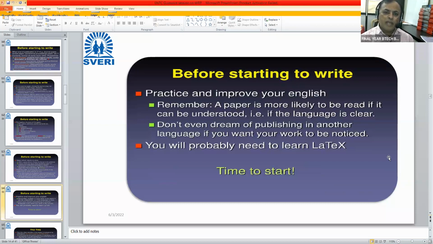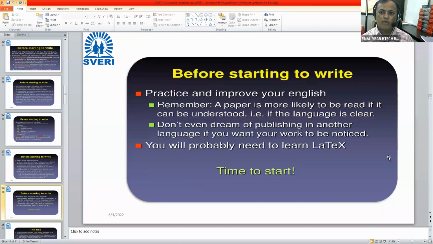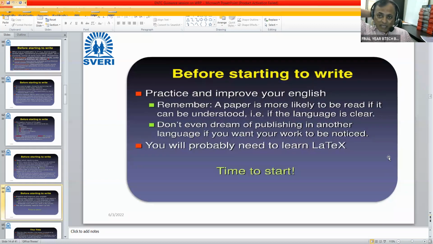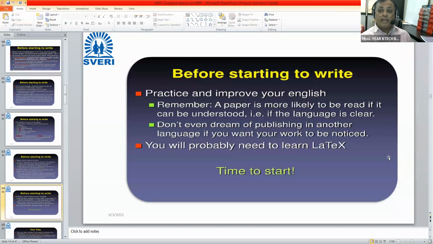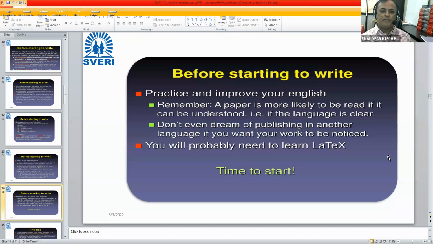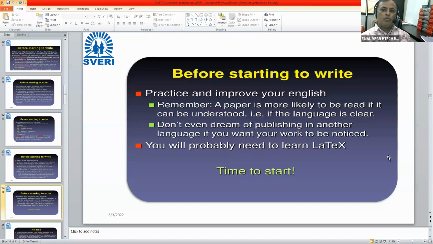The paper can be written in two formats. One is MS Word format, and the other one is LaTeX. Nowadays LaTeX is in great craze, because LaTeX gives a very perfect pattern of writing the paper. You can download the LaTeX software, which is available on the net, and through LaTeX you can write the paper.